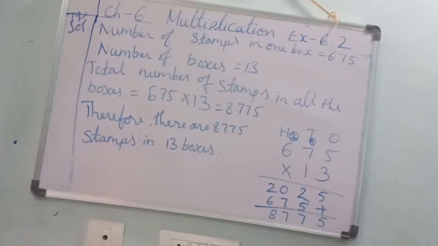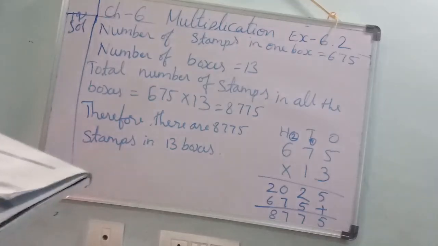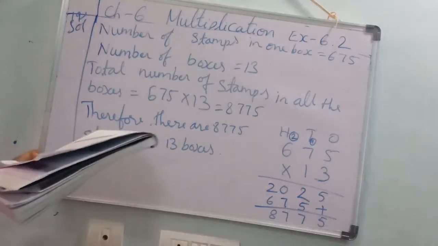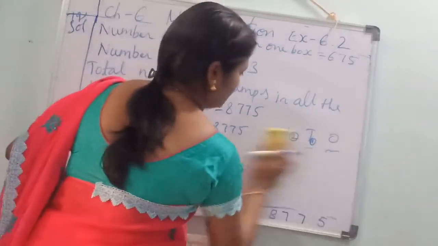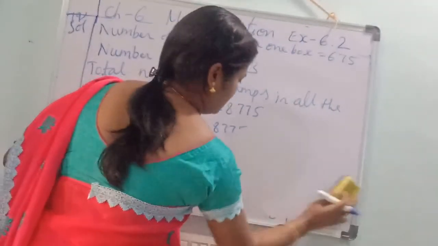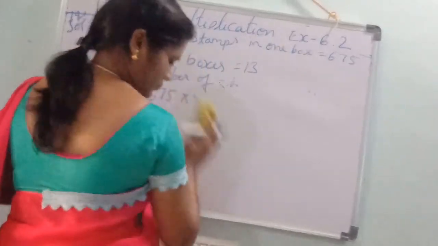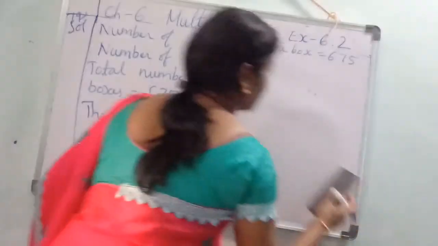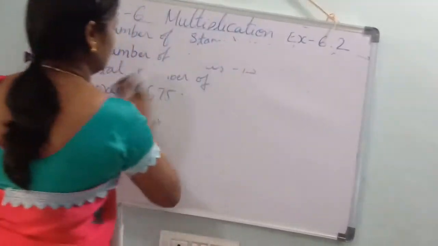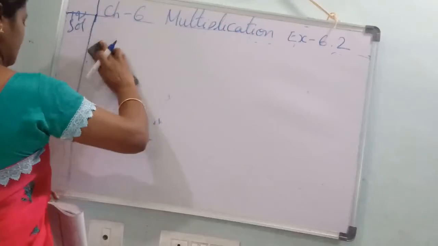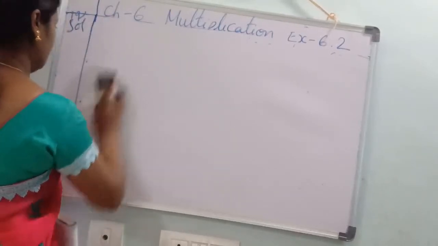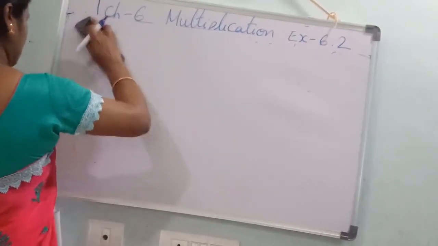Next, higher order thinking skills. See, multiply. What you have to do? You should do the sums. See, 23 and 10. 23 and 10 means what? Twentieth one.